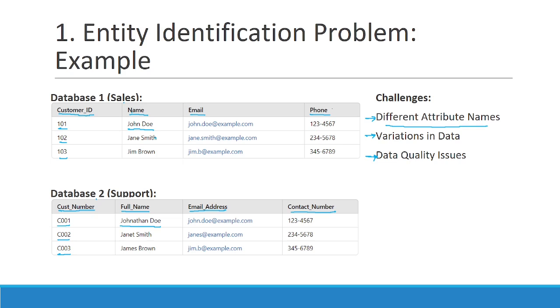In India we have phone numbers of 10 digits, so you should not allow any other phone number in this column. So such rules should be decided to ensure quality of your data. These are the challenges. So once you identify these attribute name variations in data and data quality issues, then you can address and resolve those problems.